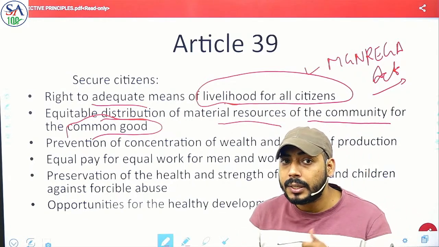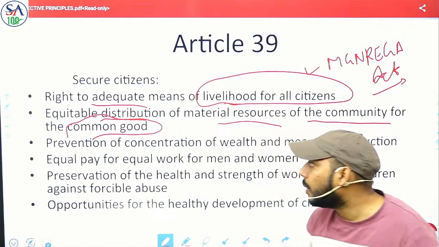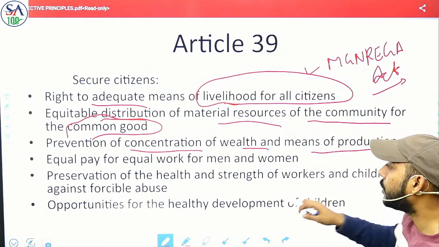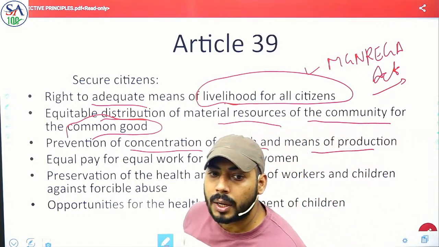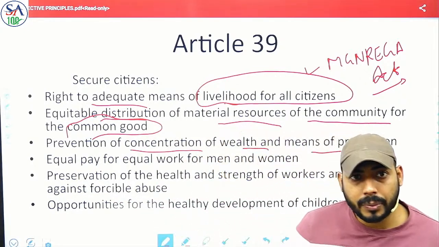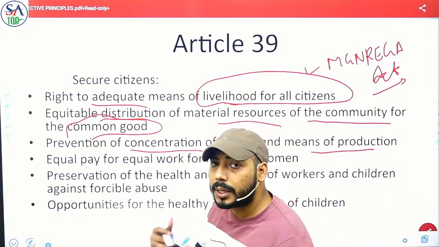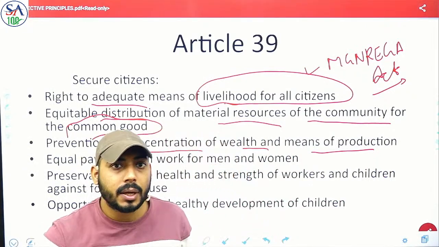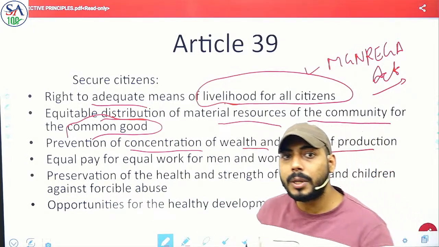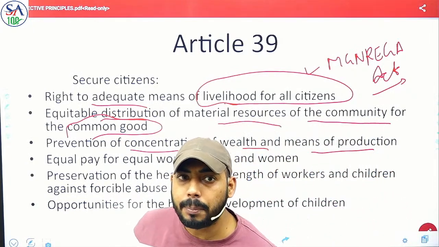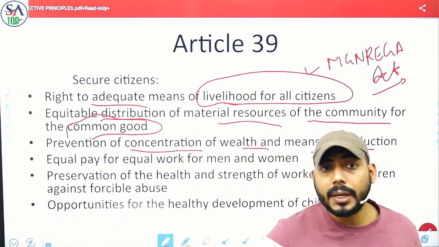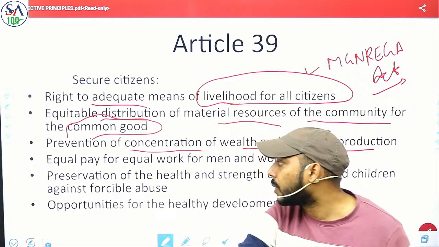Next is prevention of concentration of wealth and means of production. It should not happen that people from certain categories or classes of society have too much wealth in comparison to other people. So the government has to focus on reducing inequality in society.